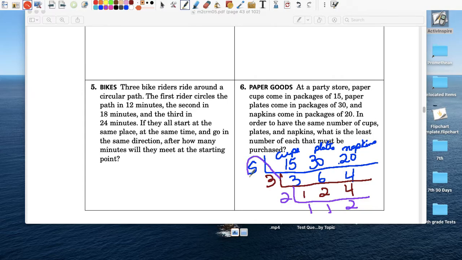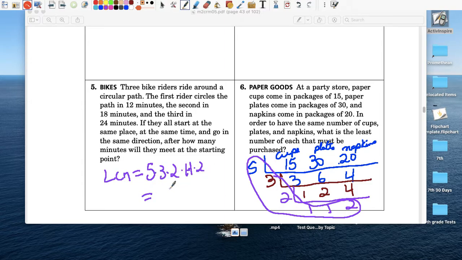Now we can circle. So the LCM is going to be 5 times 3 times 2 times 1 times 1 times 2, and that's going to give us 15. 15 times 4 is 60.